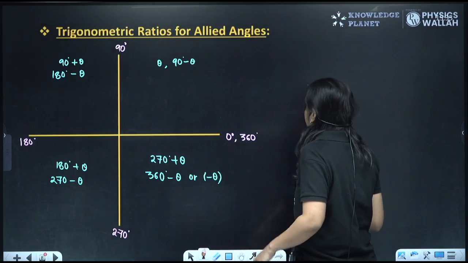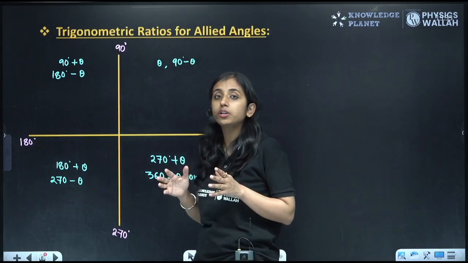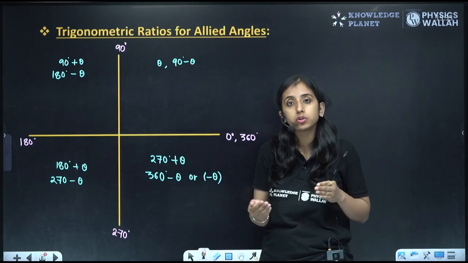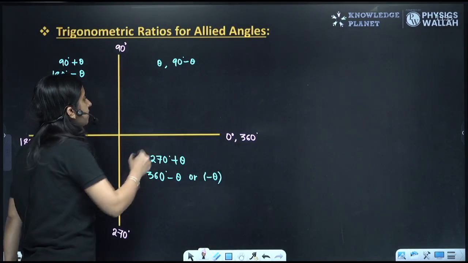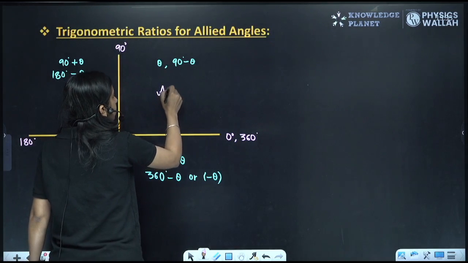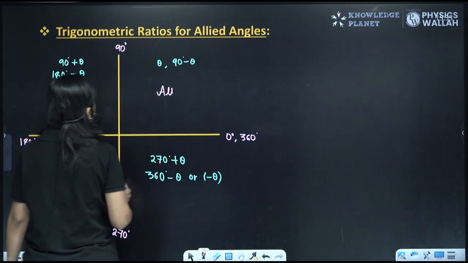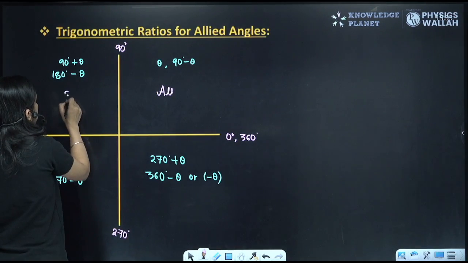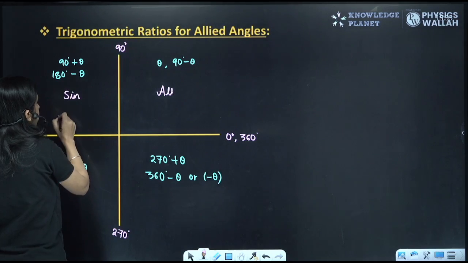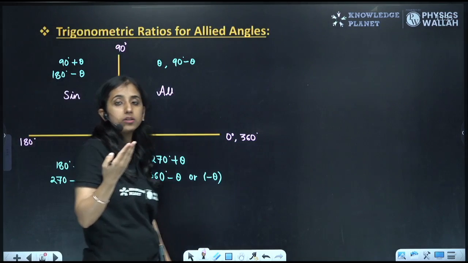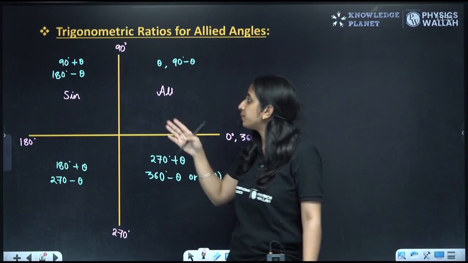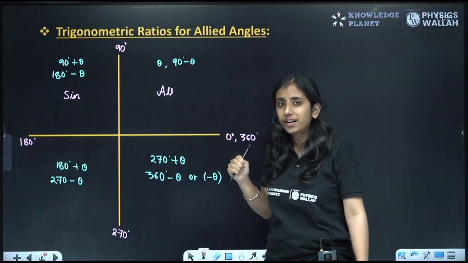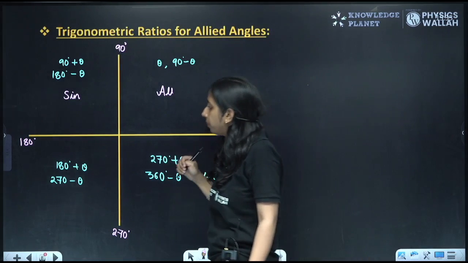Now we have to check which trigonometric ratios are positive in which quadrant. If my angle lies between 0 to 90, all trigonometric ratios are positive. From 90 to 180, sine is positive. If sine is positive, then 1 by sine, cosecant, will also be positive.